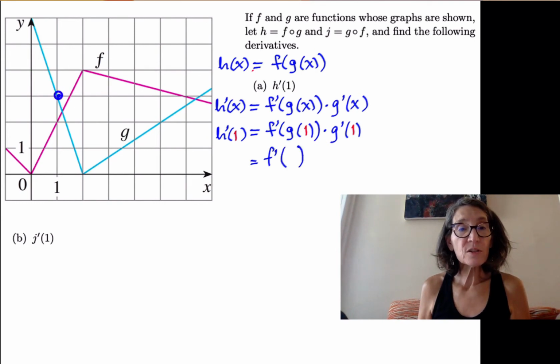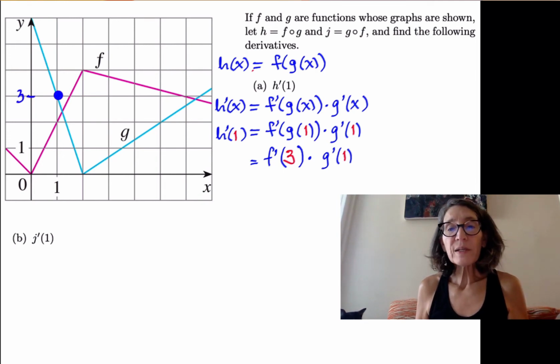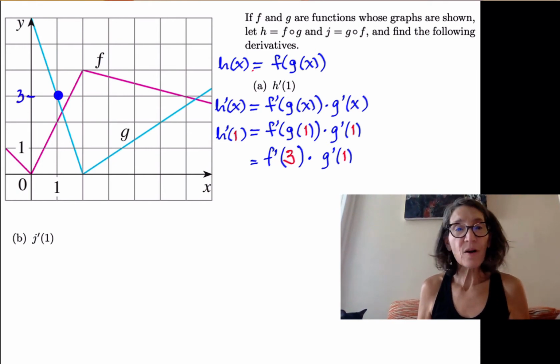It looks like there's the point (1, 3), so G of 1 is 3, and we're going to plug 3 into F prime. And now we need to find G prime of 1, the derivative of G at X equals 1. So we need to multiply F prime of 3 times G prime of 1. Let's first find F prime of 3, then we'll find G prime of 1.